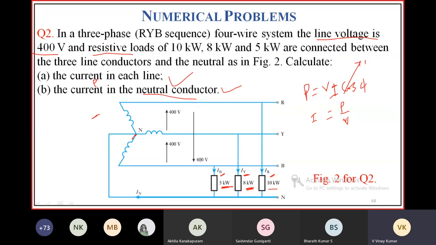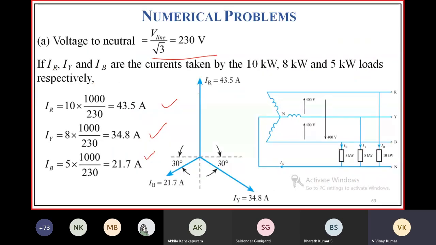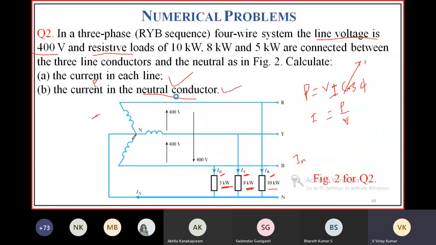So IN is equal to IR plus IY plus IB. These are all magnitudes that you find. Now let us find IN.